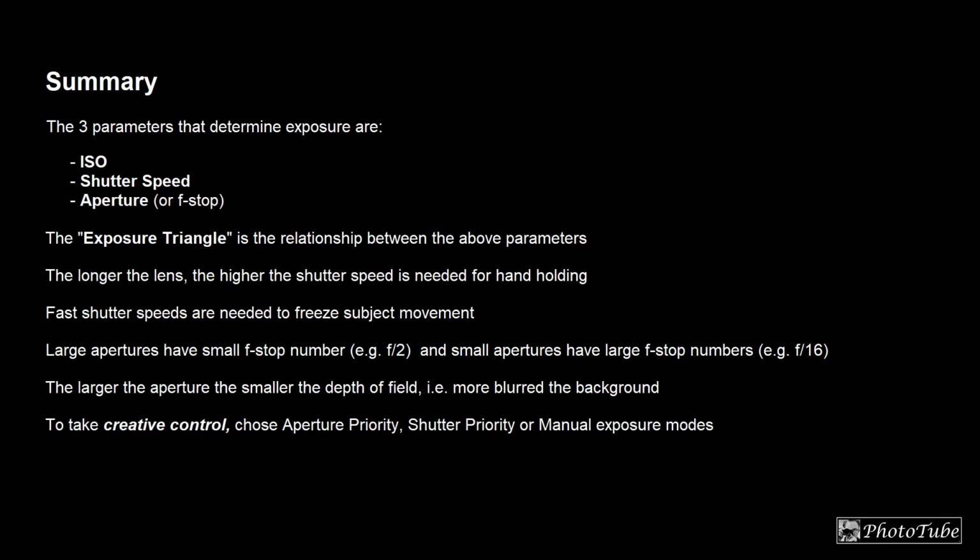In summary, the three parameters that determine exposure are ISO, shutter speed, and aperture, or f-stop number. The exposure triangle is the relationship between those three parameters. The longer the lens, the higher the shutter speed is needed for hand holding.